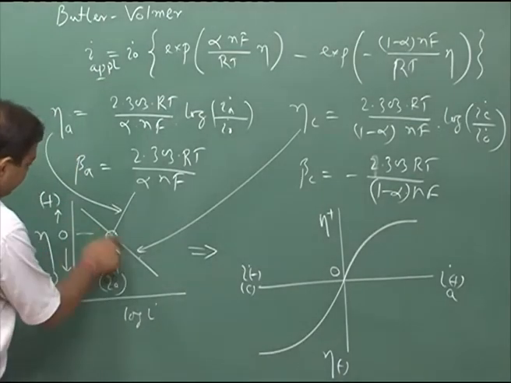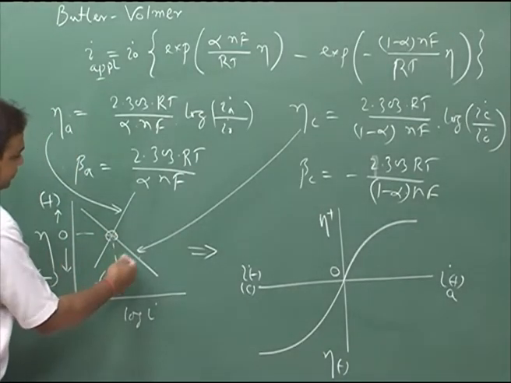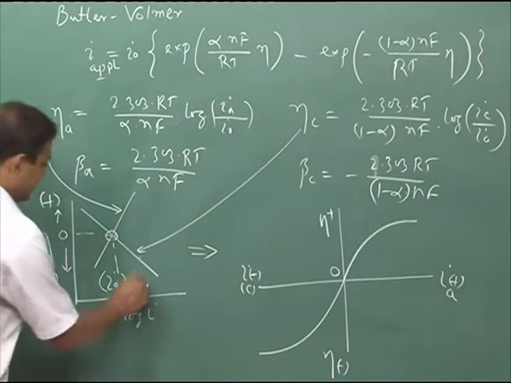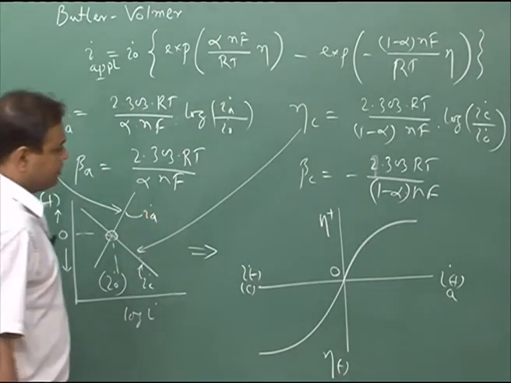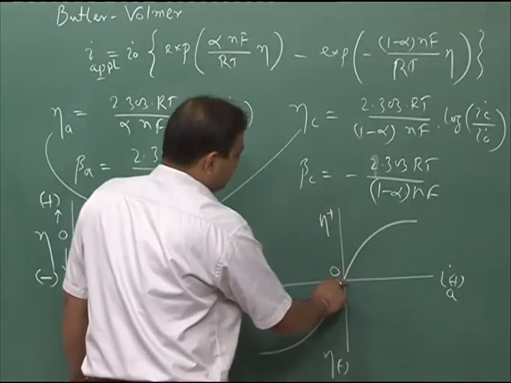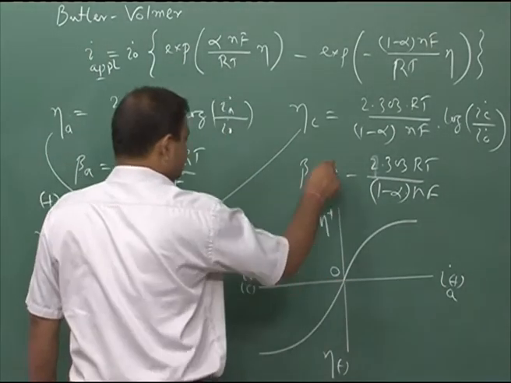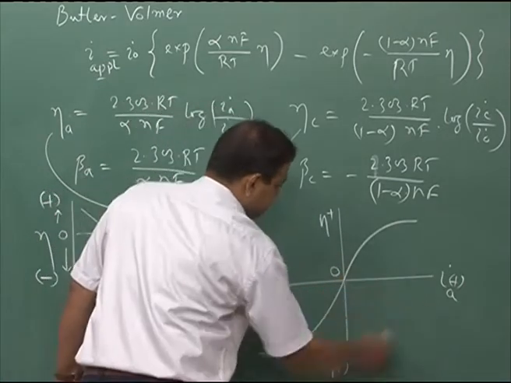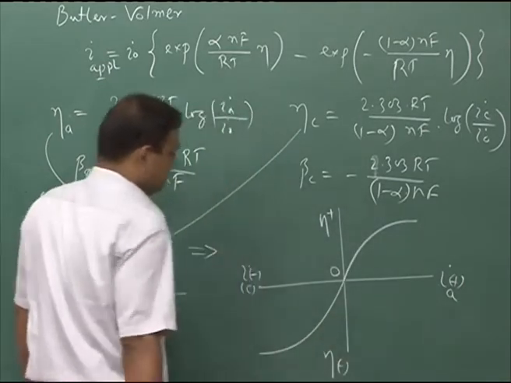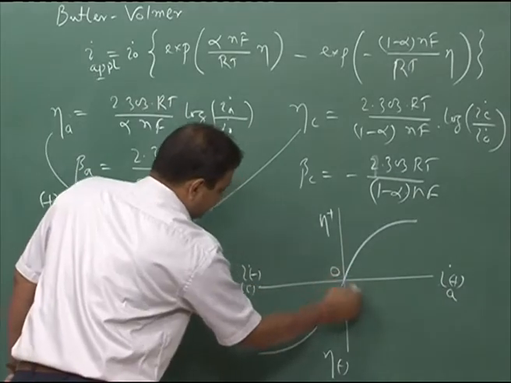So, when we consider this line, we consider the cathodic current density, which is I C, and this is my I A. If we go from 0 overvoltage to the positive side, my overvoltage versus current density plot would be like this, and vice versa for the cathodic side.